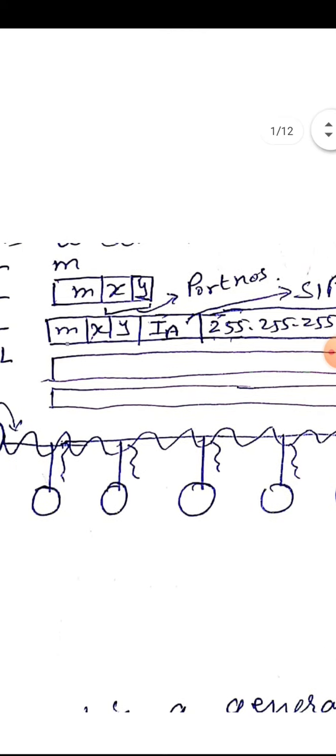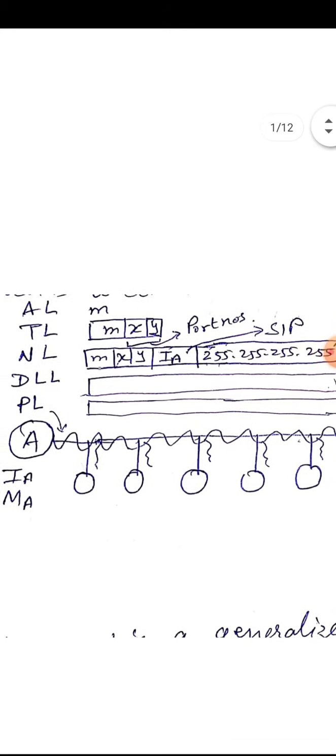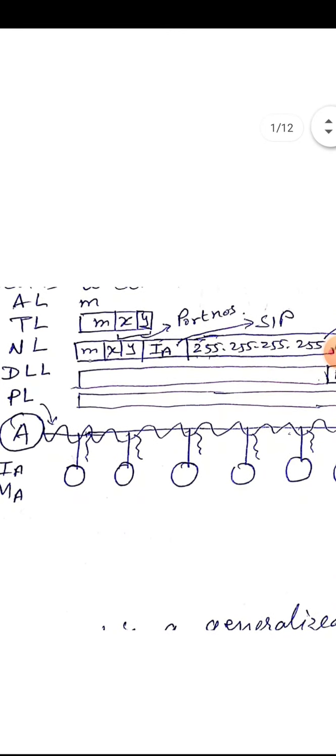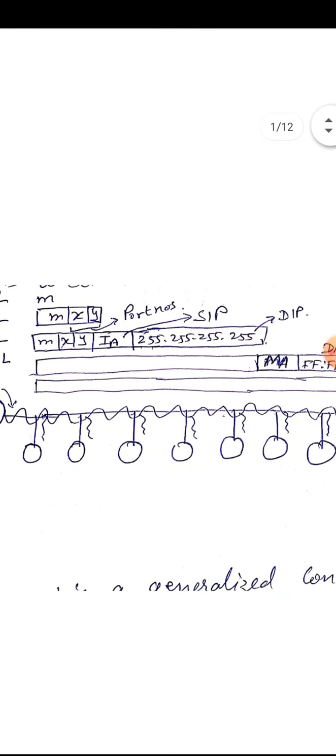Let us say X and Y are the port numbers added at the transport layer. Then at the network layer, this message with the port numbers will be given the source IP and the destination IP. Your source IP is the IP address of machine A and the destination IP is all ones, that is 255.255.255.255, which is the limited broadcast address.